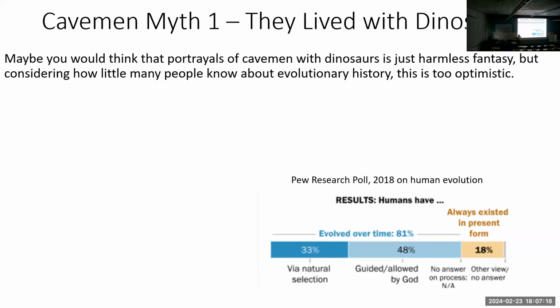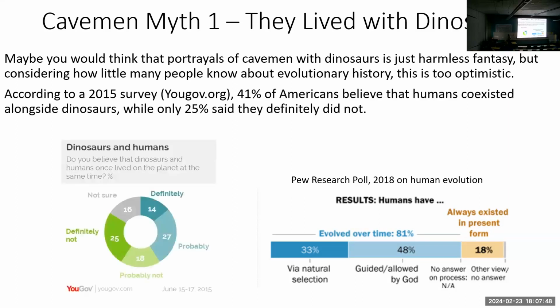So, for example, this is a Pew Research poll from 2018 on human evolution, and only 33% of Americans surveyed believe that humans evolved by natural selection. 18% believe that they were just always present in their form, so basically no evolution ever happened. And 48% were kind of in the middle. But only a small portion of Americans have an evolutionary biological perspective on human history.